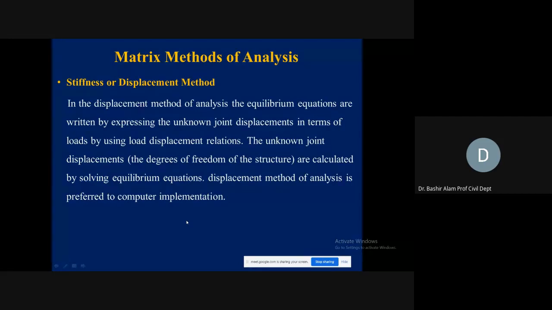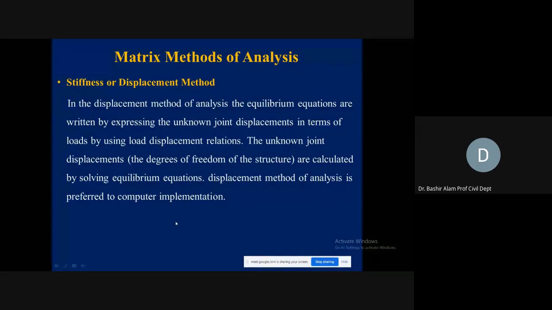If you remember, in the flexibility method we had so many choices for making a structure statically determinate, but here everybody will have only one choice. In the same way, you will all be making the structure kinematically determinate, and when we get to that stage we will discuss it.